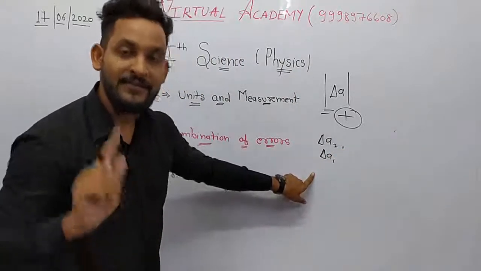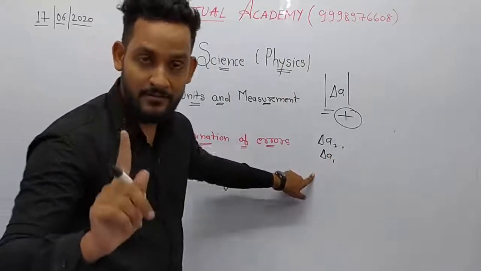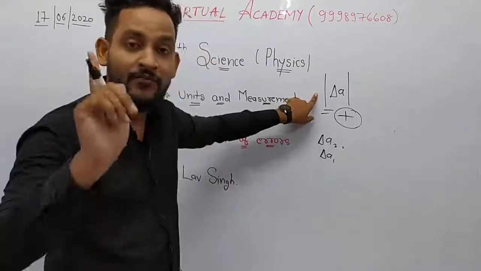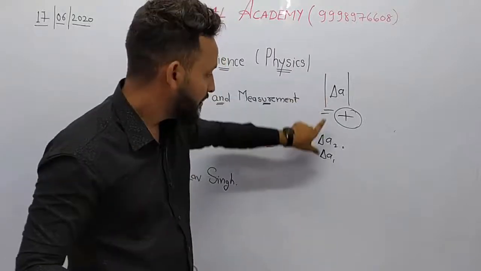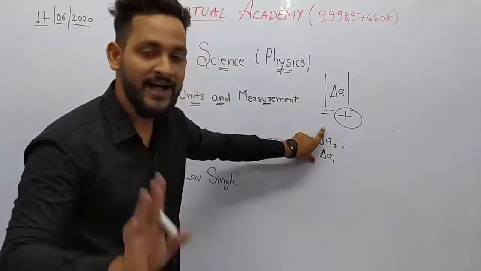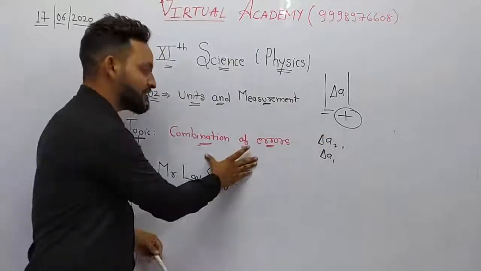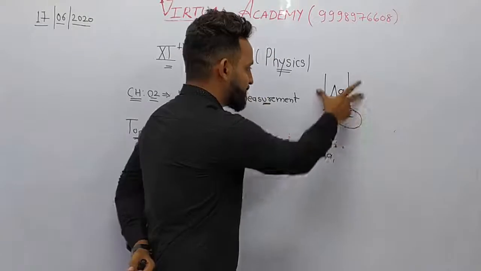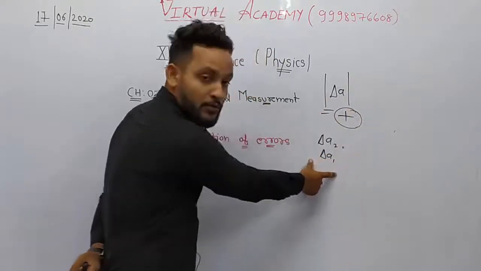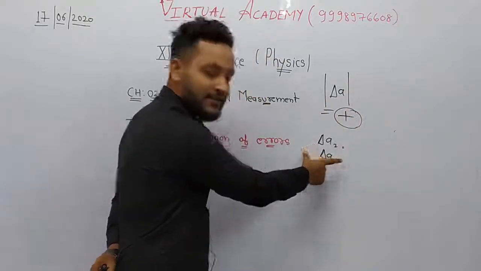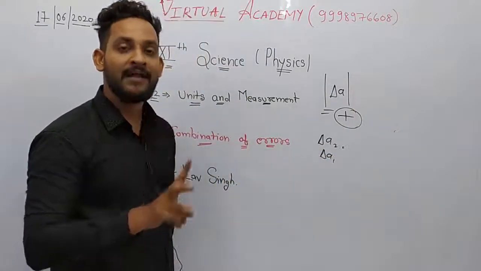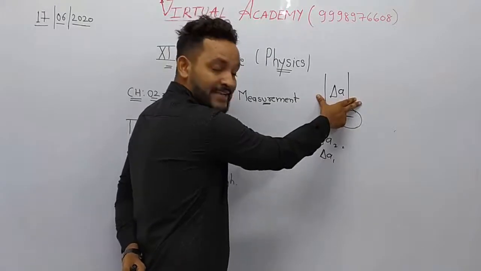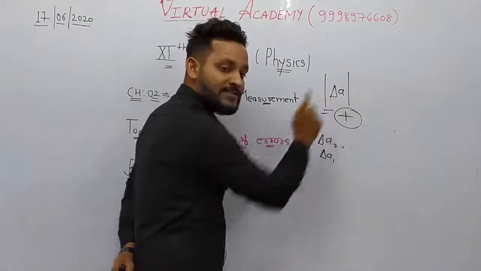The value of absolute error is always positive when it is given in modulus. Clear? When it is not in modulus, it may be positive or negative, depending on the calculation. But if it is given in modulus, then it is always positive. Today we have to deal with absolute error.